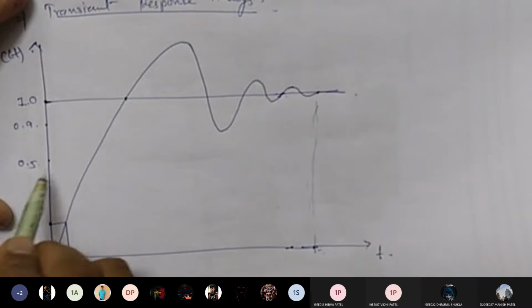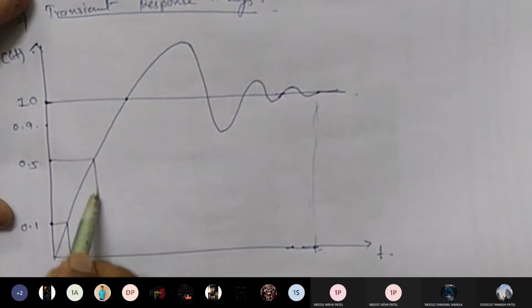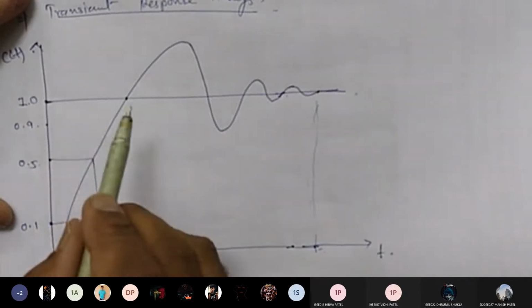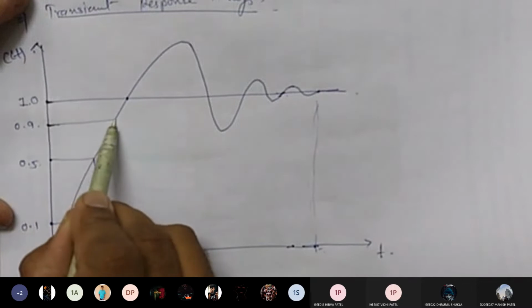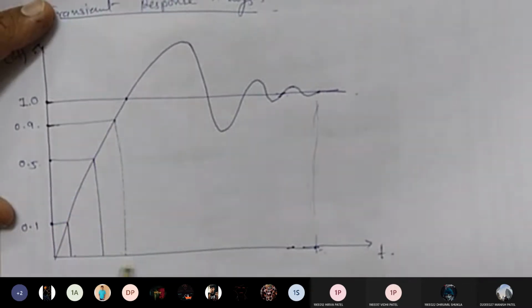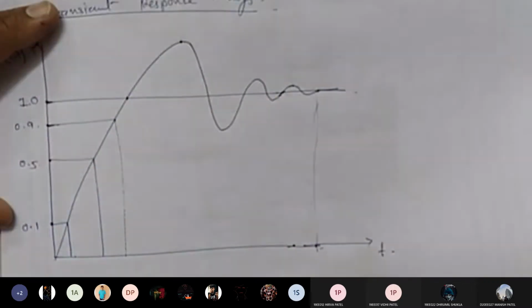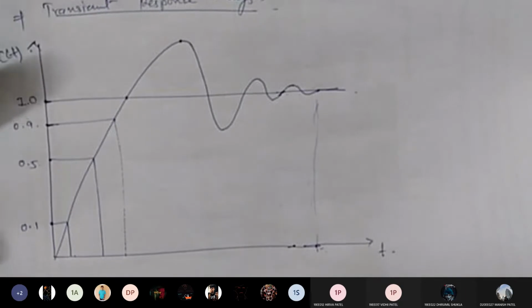This will be 0.1, this will be 0.5, and this will be 0.9. At this point, one minute, just a hold.